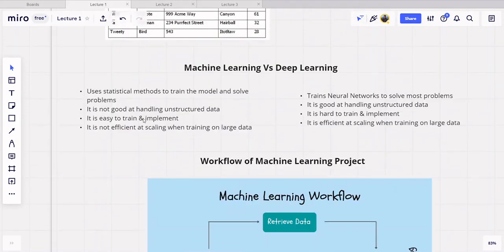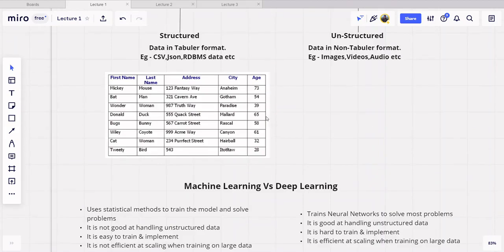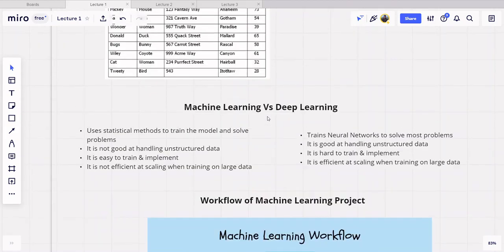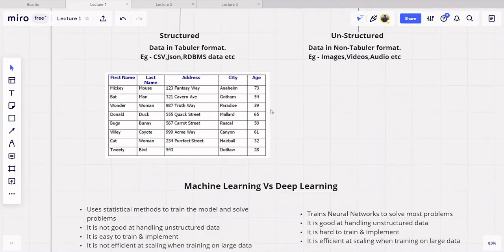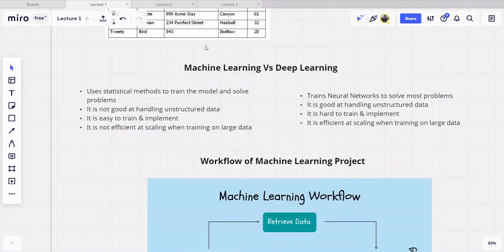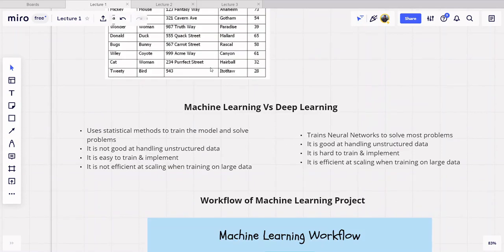Machine learning algorithms are easy to train and implement. Yeah, it is true. And deep learning algorithms are very hard to train and implement. Again, it is very true. One thing that you may notice while programming machine learning algorithms and deep learning algorithms is that you can easily train machine learning algorithms on your regular PC, but it is very difficult to train a deep learning neural network on your regular PC.